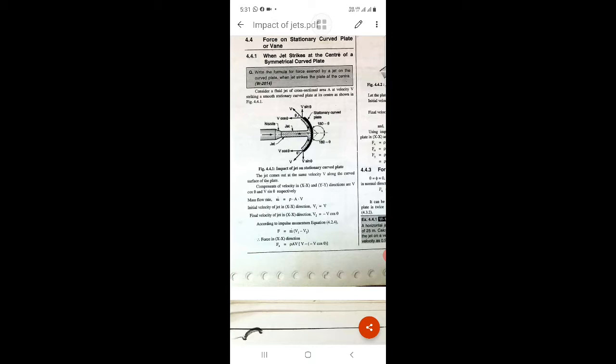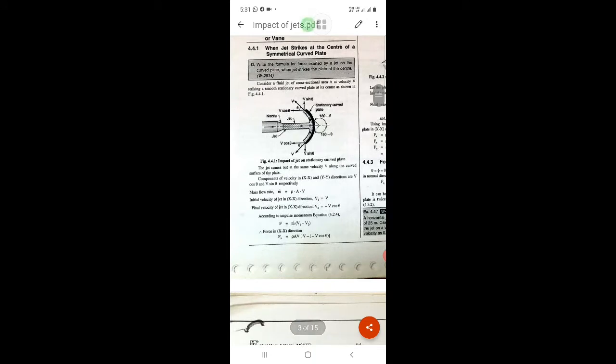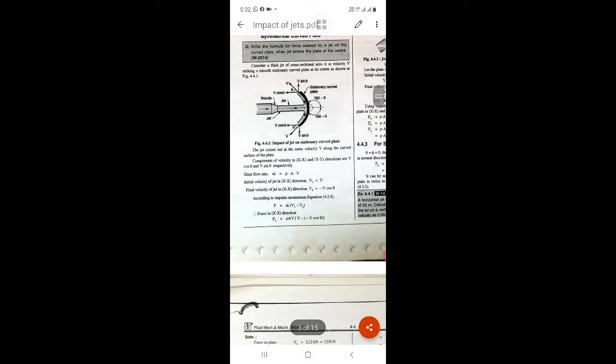So the mass flow rate m dot is equal to rho a v. The initial velocity is v and the final velocity is minus v cos theta. According to the impulse momentum equation, force is equal to mass into initial velocity minus final velocity. So F is equal to m dot times v1 minus v2, so F is equal to rho a v, bracket v minus minus v cos theta, because minus means the direction is opposite to the flow.